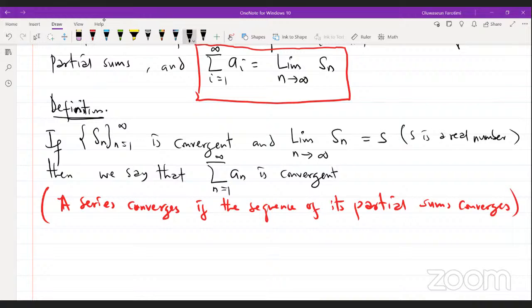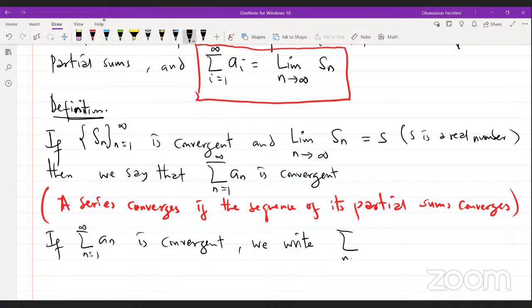All right, so let's move forward. If this series is convergent, we write the sum itself as equal to S, where this S is the sum of the series.